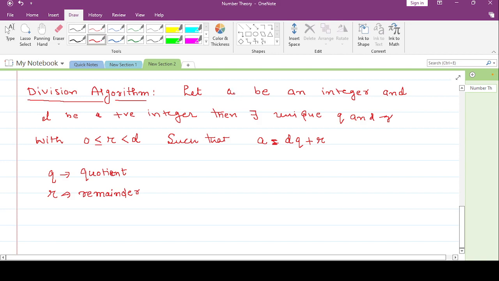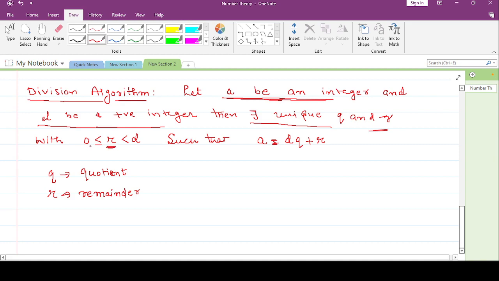So notice here that we are saying a is any integer. You can take any integer, positive or negative, but d is a positive integer. When you divide any integer by a positive integer, you can always find q and r, where the restriction on r is that it cannot be negative.